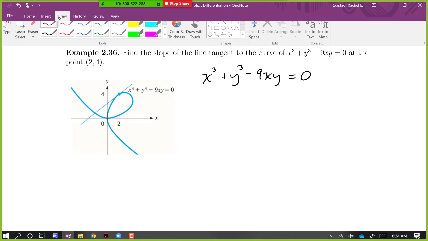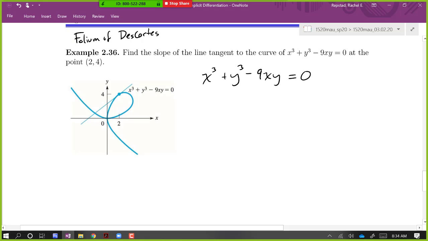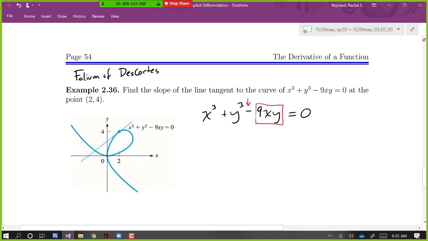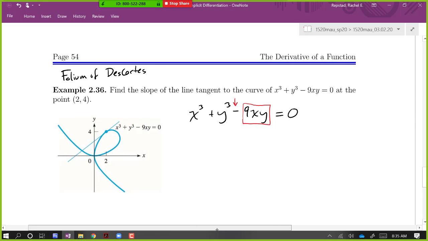I like that, and what I'm doing is I'm kind of just putting this in a box and keeping in mind that we're subtracting that term. So we can think of it as adding a negative 9xy or subtracting 9xy. I'm going to think of it as subtracting 9xy, going off your suggestion. Either will work, but we just want to be mindful of that negative sign.